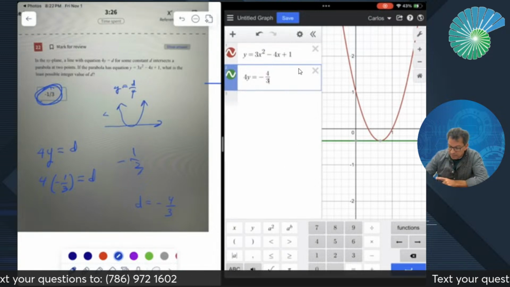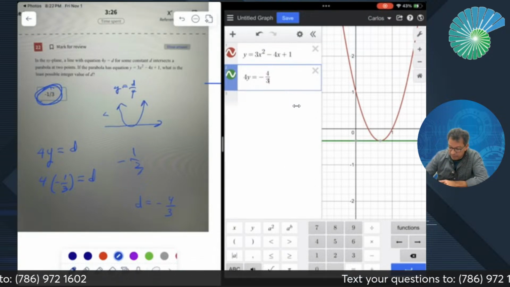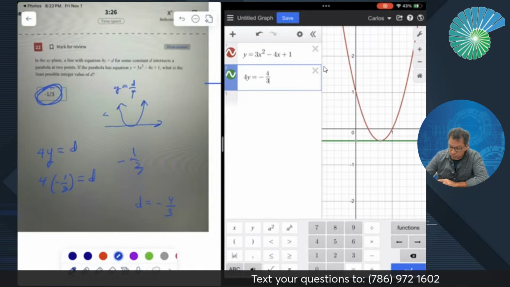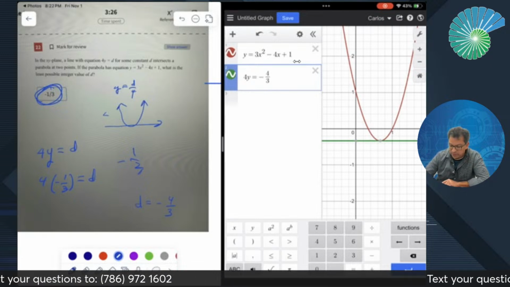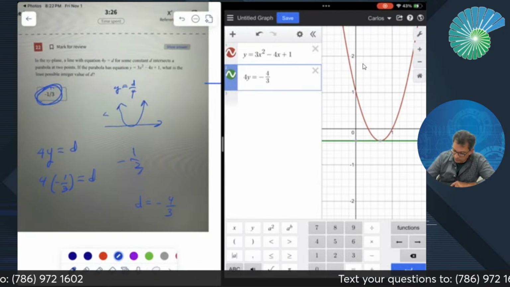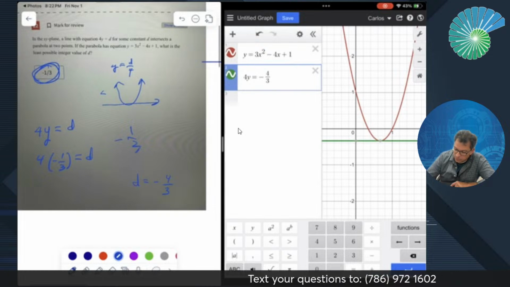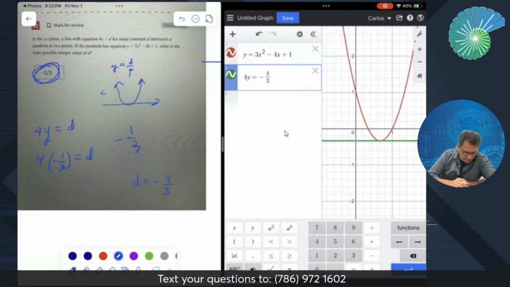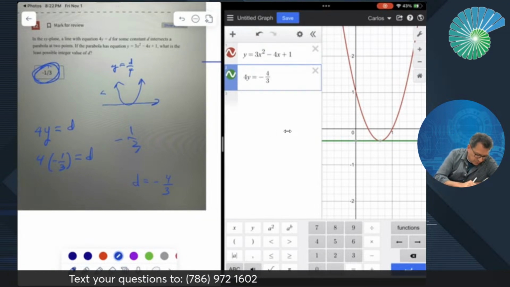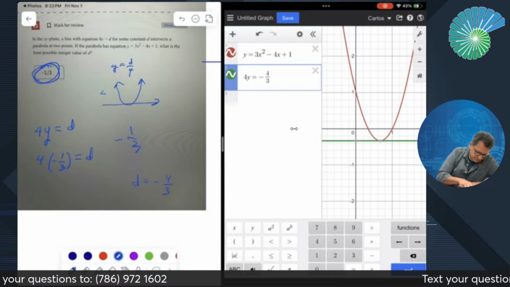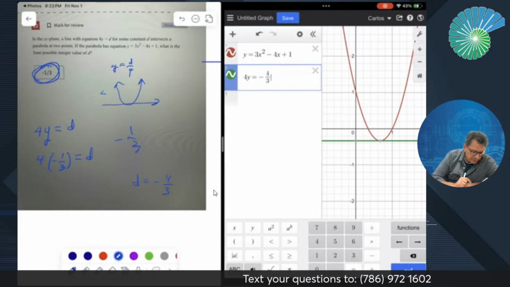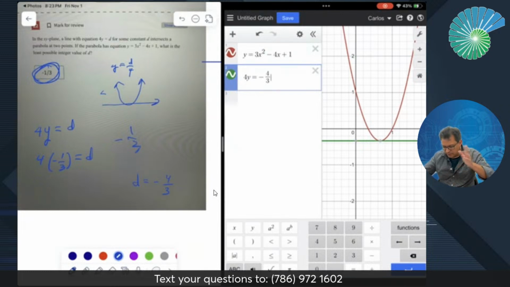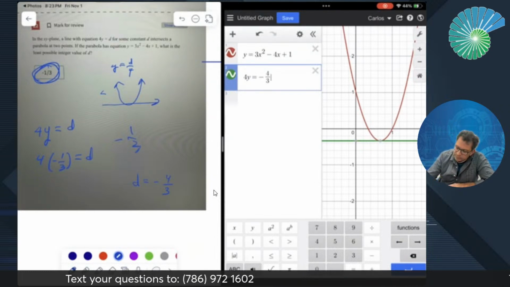Which means that d has to be a little bit greater than that for this thing to work. So negative 4/3. The question is that it has to be an integer. So negative 4/3 is negative 1.3333, right? As a decimal.